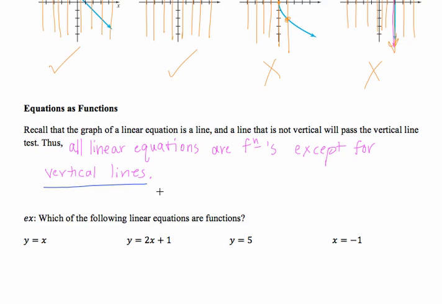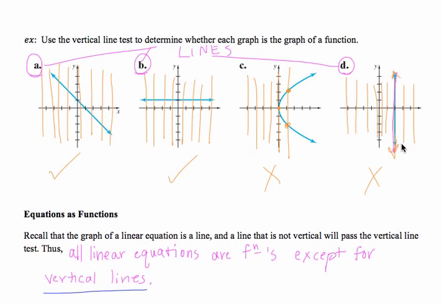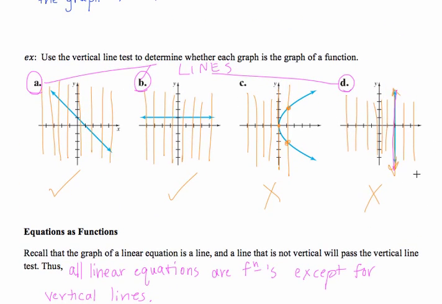Vertical lines look like this right here on part D. There's a lot of markings there you'll just have to ignore, but the blue line underneath it all looks about like that. The equation of this line is a simple equation, and if you'll notice, all the x values on the line are 2 in this case, because every point on the line has the same x value. Y can be anything.